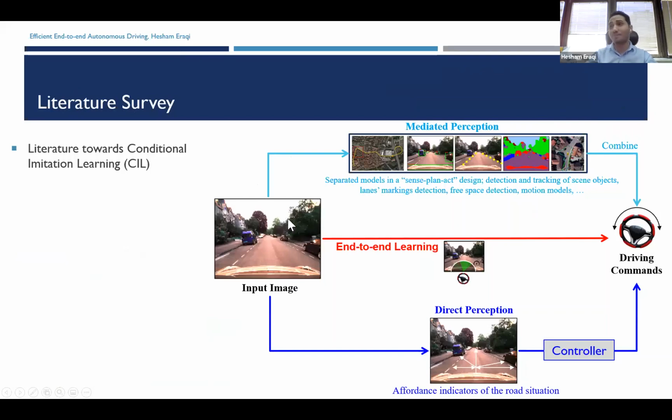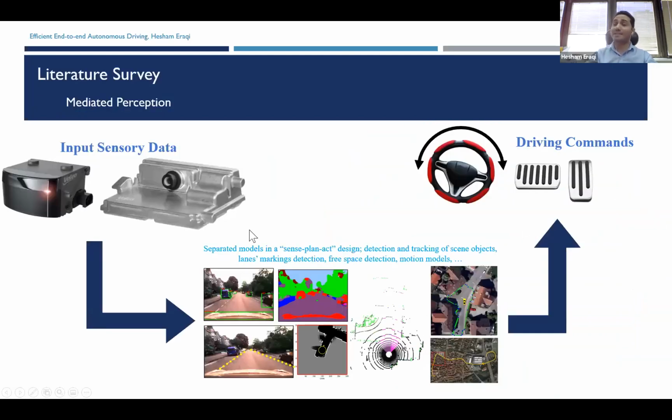I can split the existing approaches to autonomous driving into 3 categories. First, the mediated perception approach. Second, the end-to-end approach. And third, the direct perception approach. For the mediated perception approach, the problem of autonomous driving, despite being a complex problem, can be looked at as a problem of predicting just 3 numbers: the steering wheel angle, the pressure on the throttle pedal, and the pressure on the braking pedal.